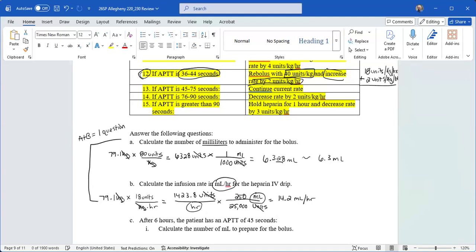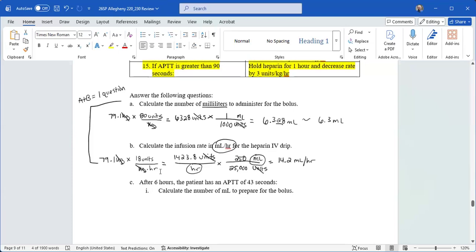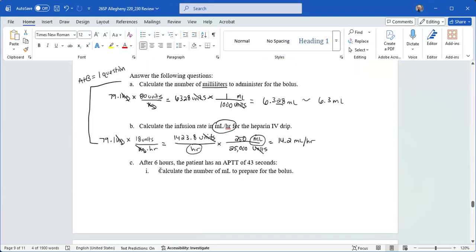So we're just going to add those two up, and then my new infusion rate will be 20 units per kilogram per hour. So the pertinent information for this is we're going to rebolus with 40 units per kilogram.